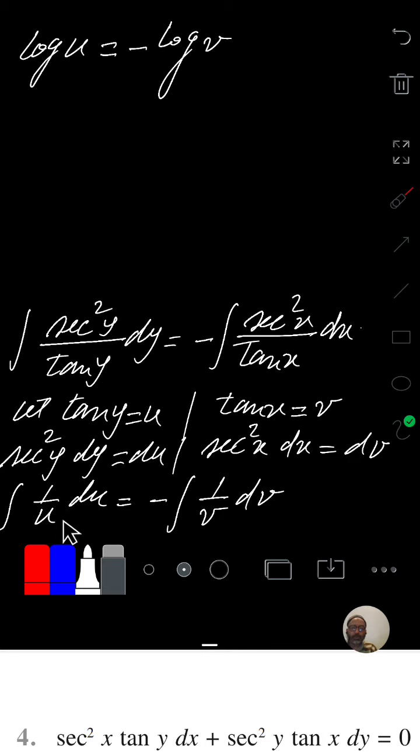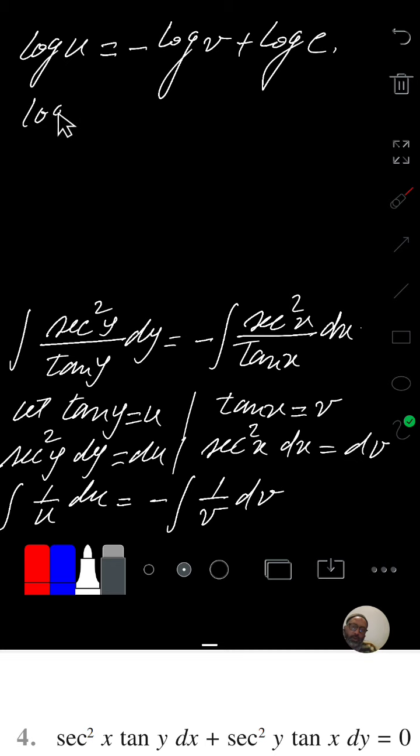The integral of the right hand side is minus log v, and the constant of integration should also be taken as log c, because if after integrating an equation we have all the terms in the same format, the constant term should also be taken in the same format.